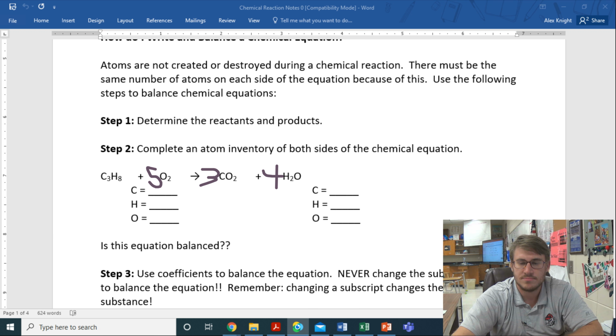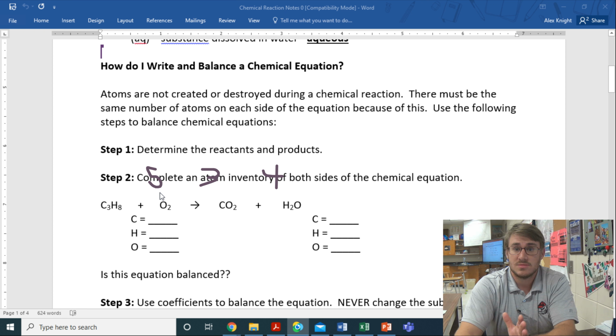And we're good, because there are 10 on either side. Now, if it gave me an odd number, like if the oxygens on the right side added up to 11, well, 2 times what gives me 11? There's 2 times 5.5, but I have to use a whole number. So if that happens, what I need to do is double everything.